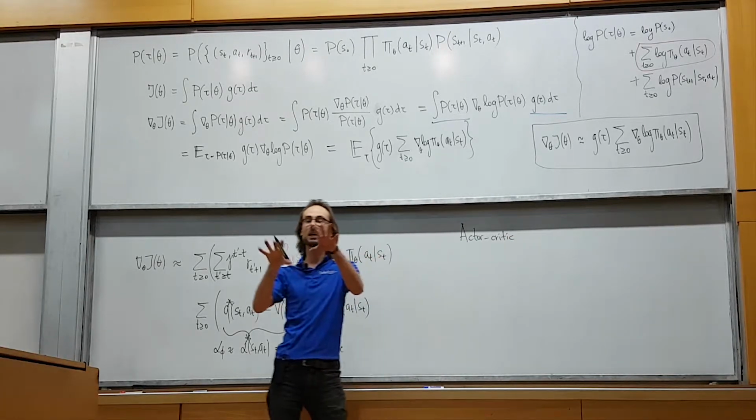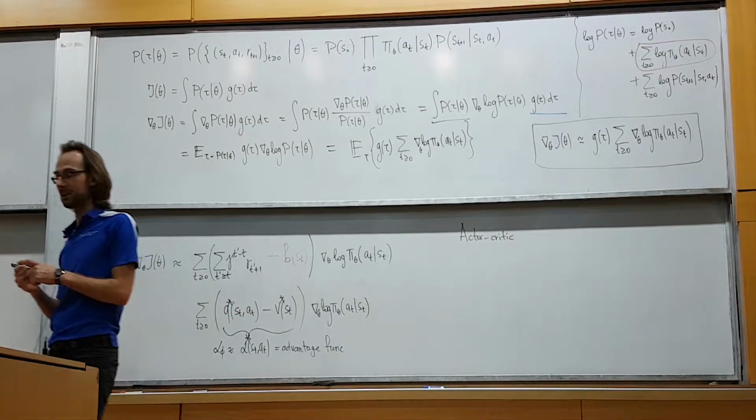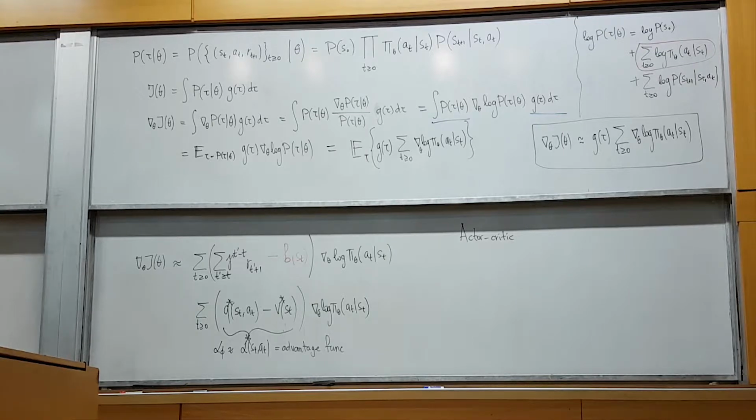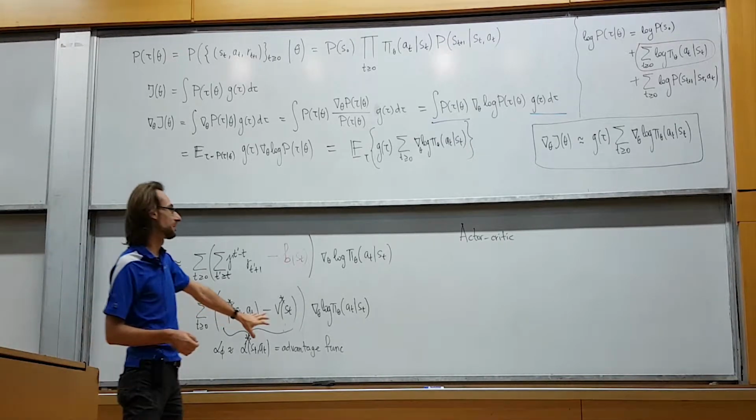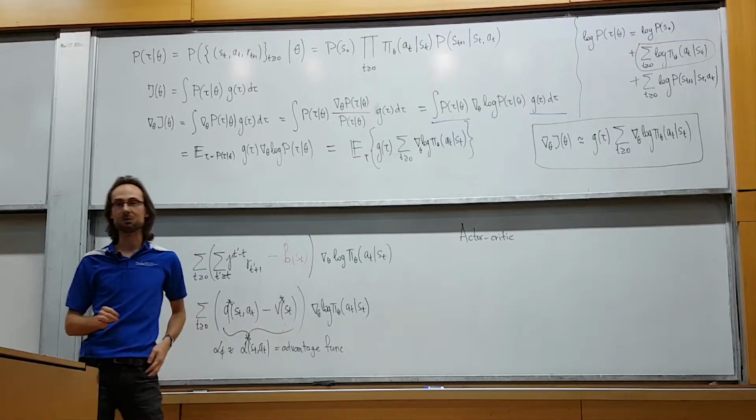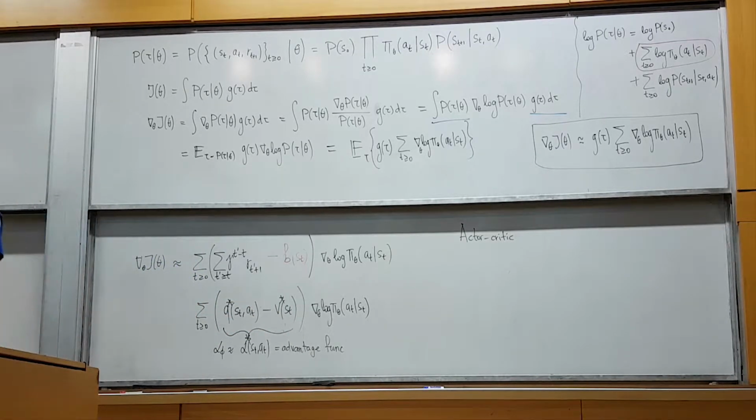I learn the actor, the behavior, the policy, and then I learn the advantage function, the critic, that tells me how well the actor behaves. So I'm trying to improve the policy, and I'm trying to improve the estimate of the quality of the behavior. This is a very common way of doing policy-based learning.